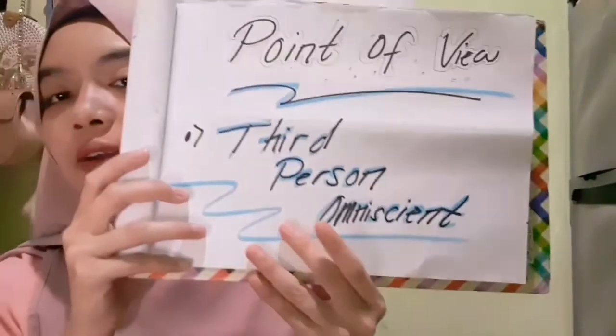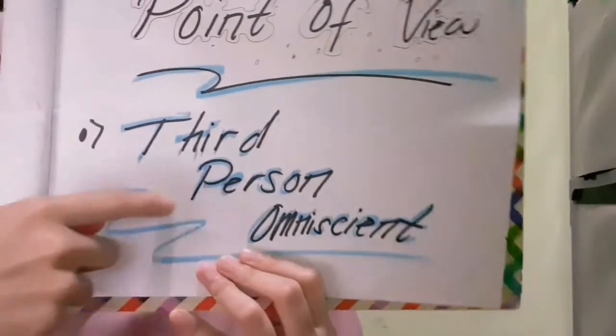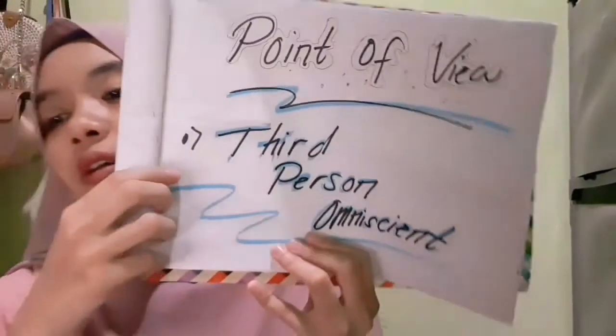Let's move to point of view, and in my analysis, the point of view is third person omniscient. Why? Because here we can see that the author or the narrator is outside of this story.